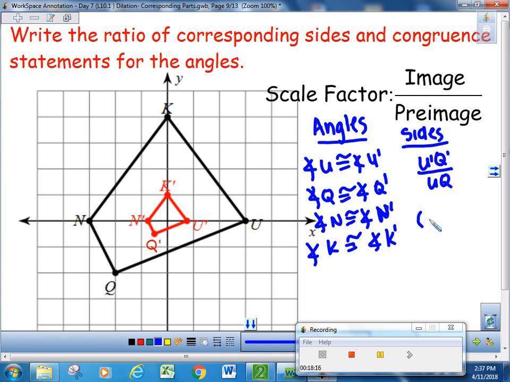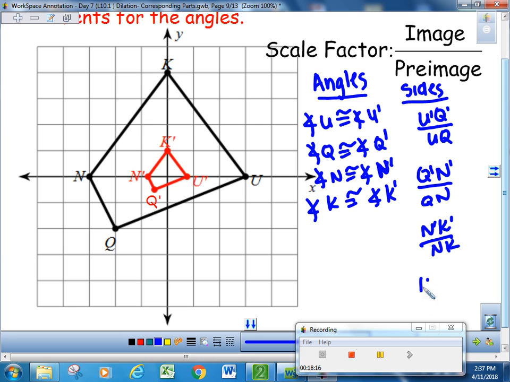Q prime N prime over QN. N prime K prime over NK. And K prime U prime over KU. Okay, and we can't figure out the K value today.